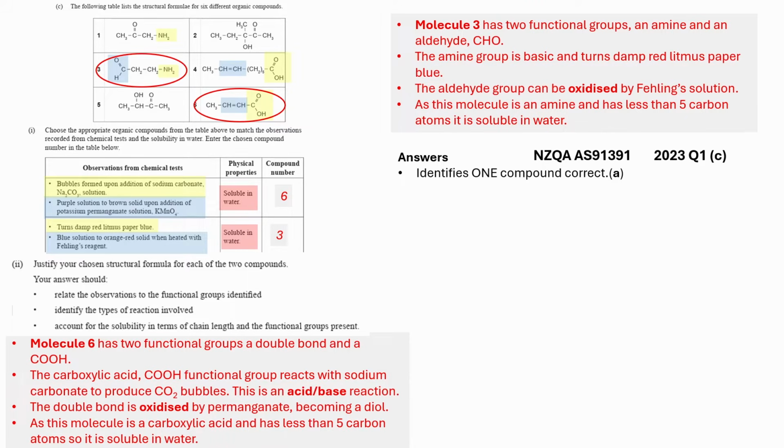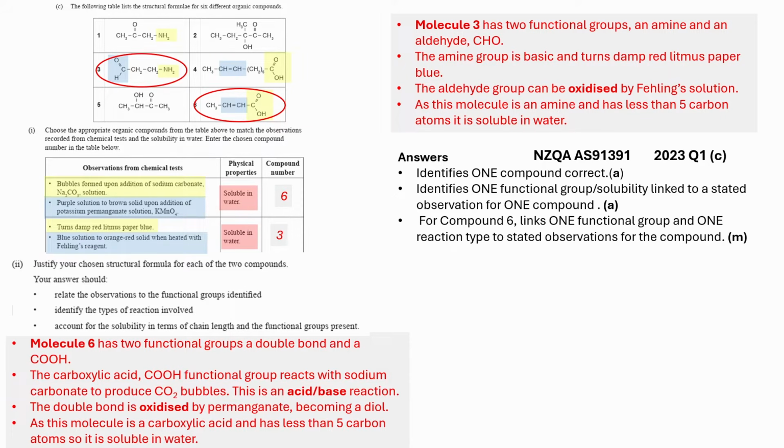Okay, if you identified one compound correctly, got the number in the correct part of the table, they gave you an achieved. If you linked a functional group to the observation, you got an achieved. So if you said it was a carboxylic acid that produced the bubbles, achieved, right?